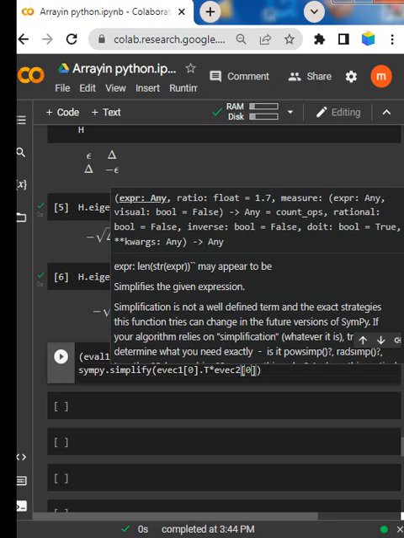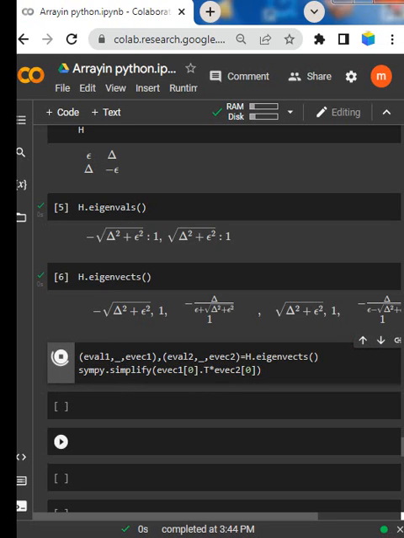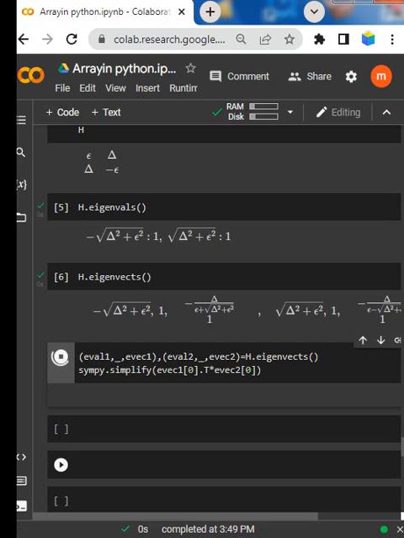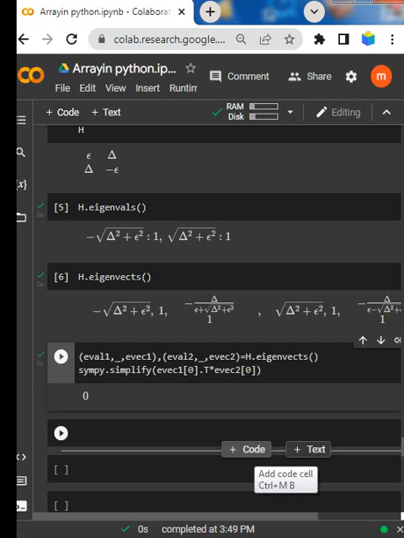Let's see what the output is, because it has been evaluated. Yes, I have gotten 0 here.